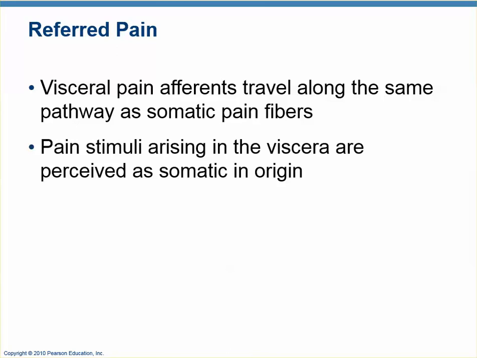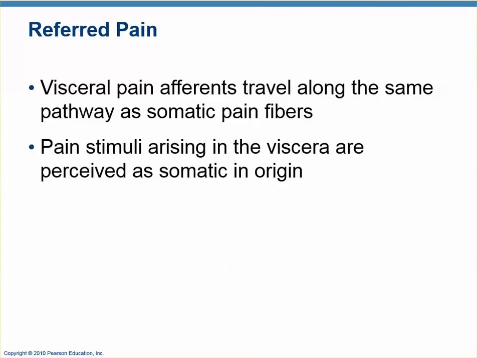Referred pain will be talked about in pathology, I assume, but basically the issue here is that visceral pain travels on the same pathways as somatic pain, but we don't perceive visceral pain as being visceral.